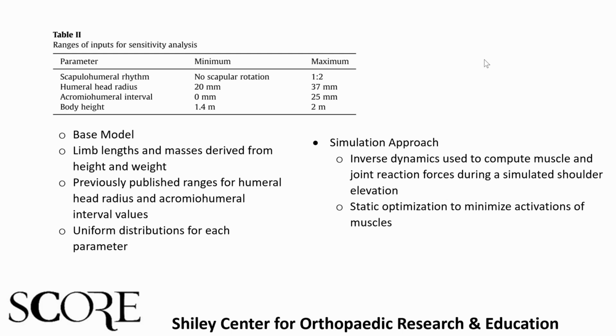So we had our base model, and then we varied each of these inputs within these ranges that I just mentioned. But the distribution of the values that we chose for these input parameters was uniform. So within these ranges, the distribution of the random values for each of these parameters was uniform, and that's kind of important. It's an important choice that we made.